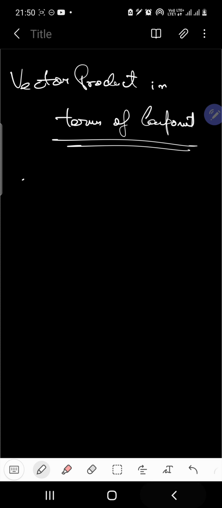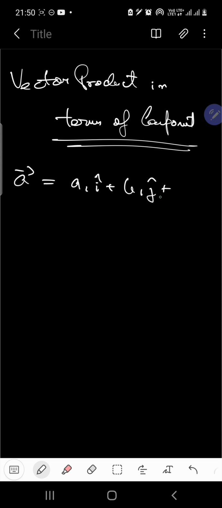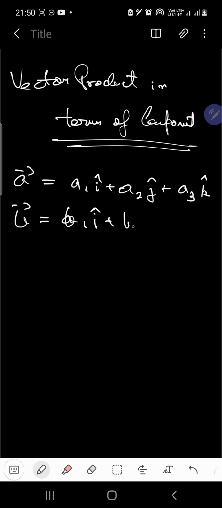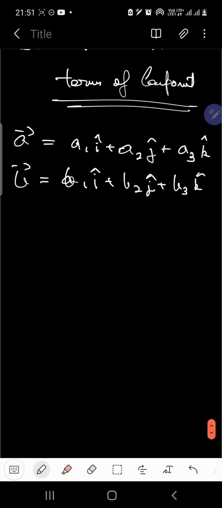Suppose A vector is equal to A1 i cap plus A2 j cap plus A3 k cap, and B vector equals B1 i cap plus B2 j cap plus B3 k cap.